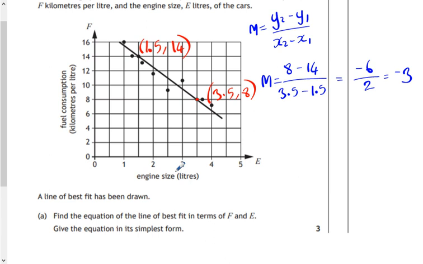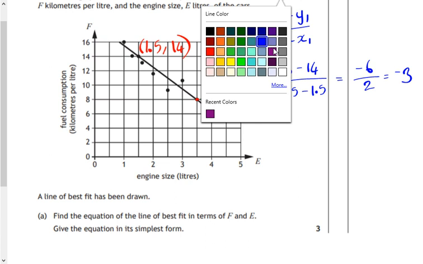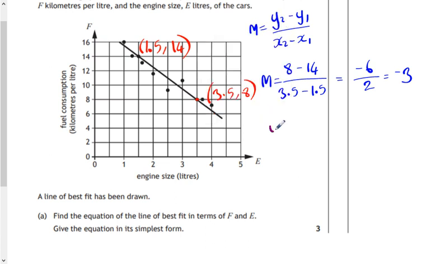So now we have our gradient. We have 2 points, and no point of intersection, so we're going to use y minus b equals m times x minus a. Now obviously we can swap in our other letters, so we've actually got F, and for a and b I'm going to use this one, just because I want to.